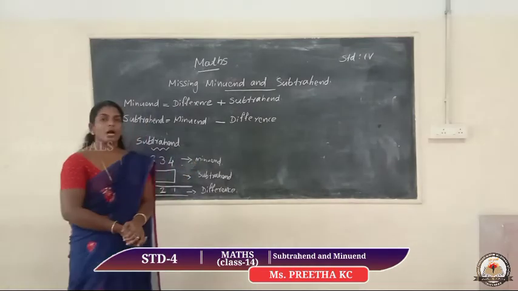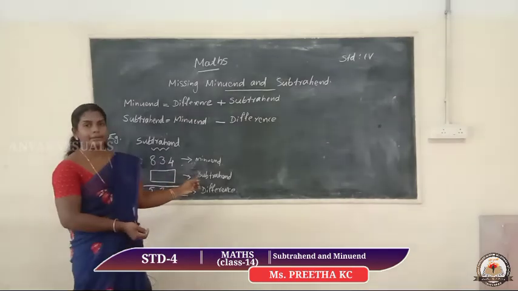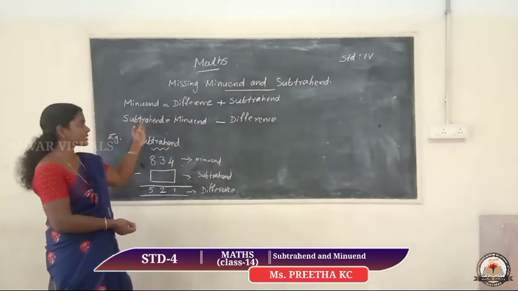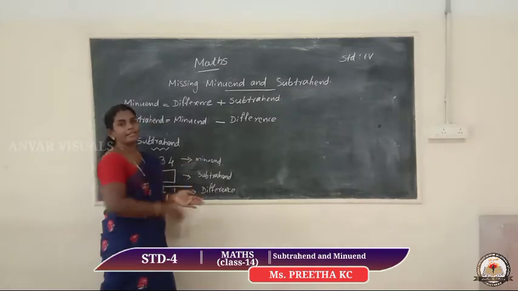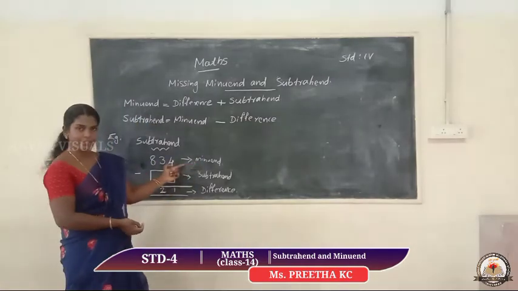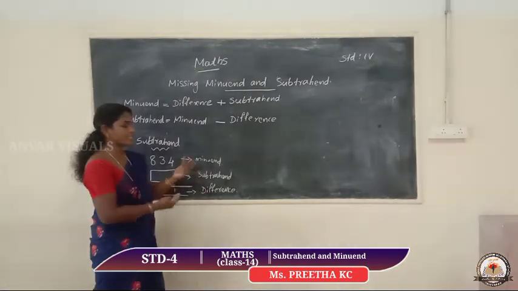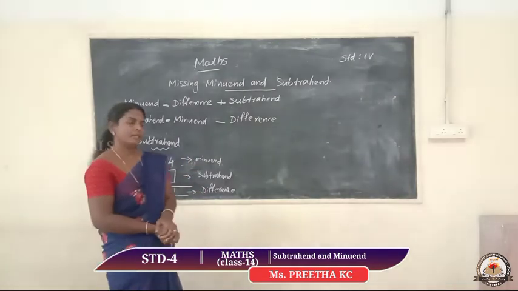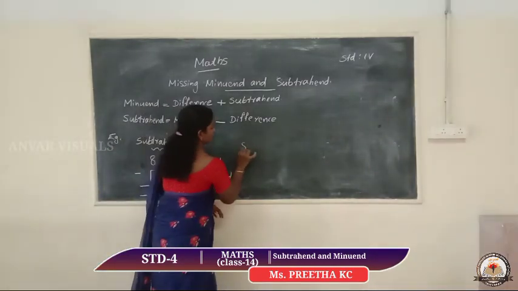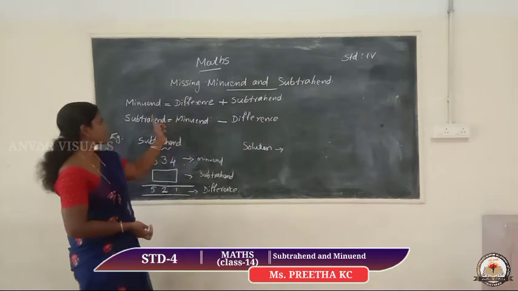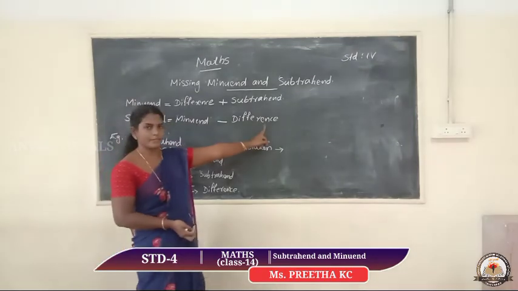Let me check how to find the subtrahend. Let me apply this equation. What is the equation for the subtrahend? Minuend minus difference. The minuend and the difference are both given here. So the solution is subtrahend equals minuend minus difference.